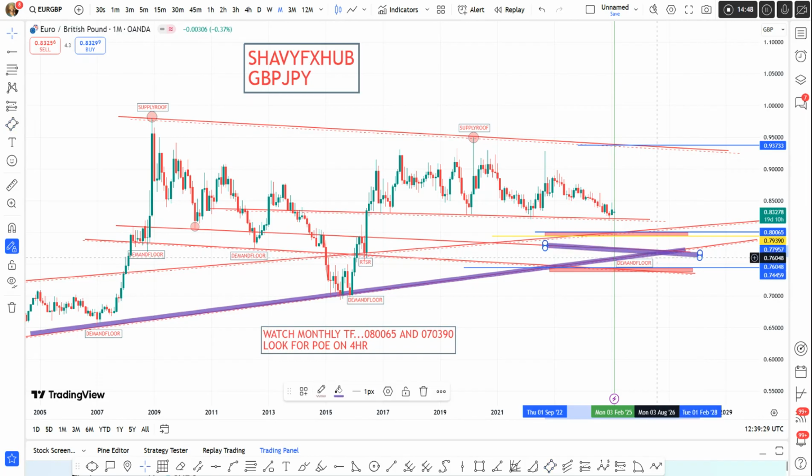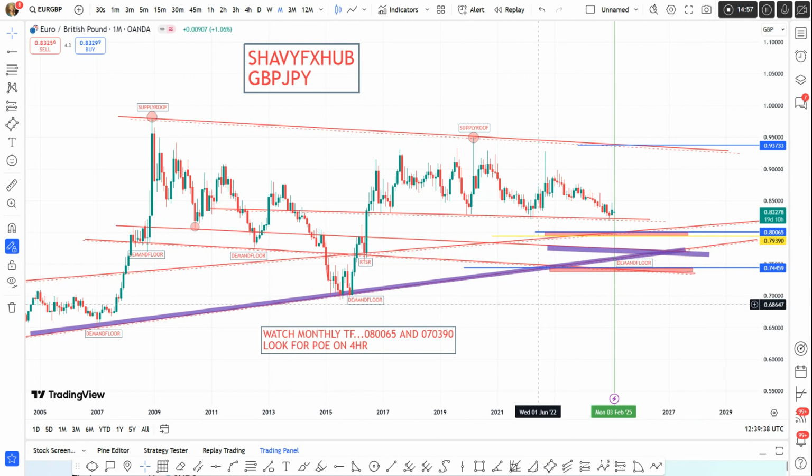These are three key areas. We are hoping for buy opportunity based on the structure of the market.